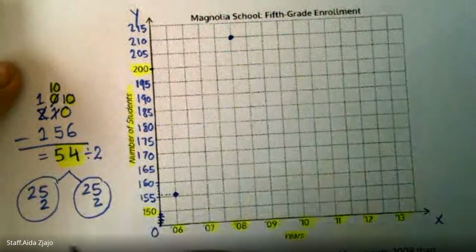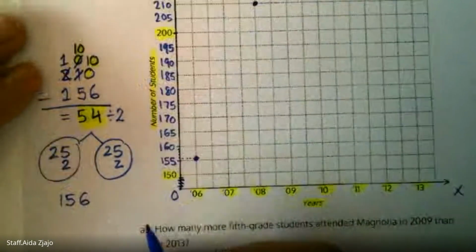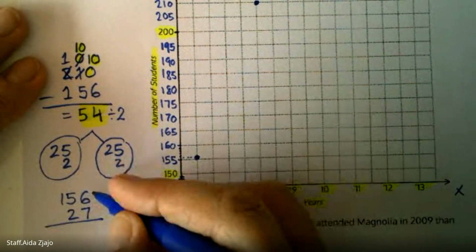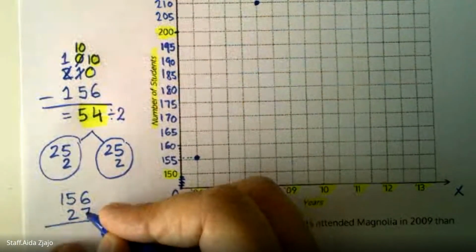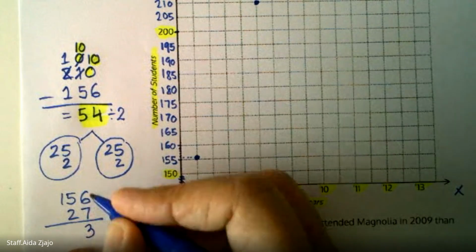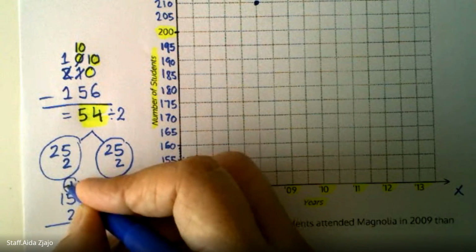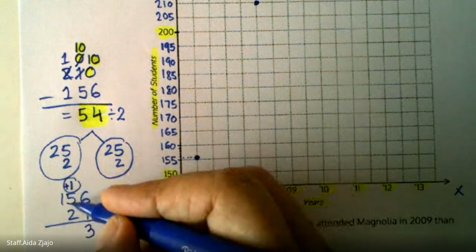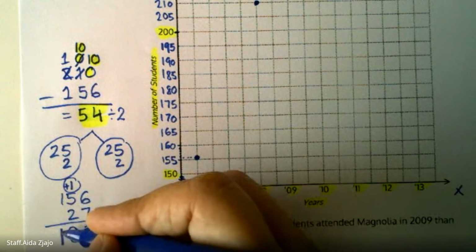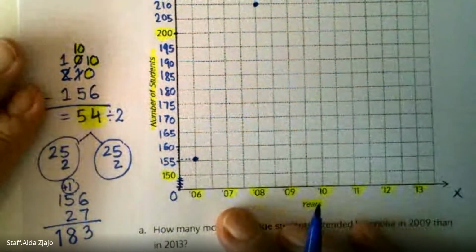So 2006 was 156. When I add 27 students, 6 and 7, that's 6, 7, 8, 9, 10, and 3 left, so that is 13. I will have one extra 10, so that will be 6, 7, 8. 183 students were in 2007.